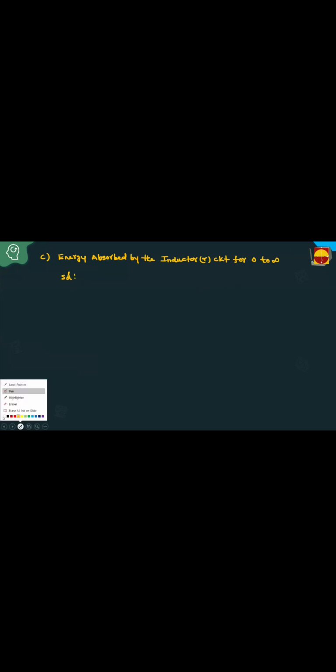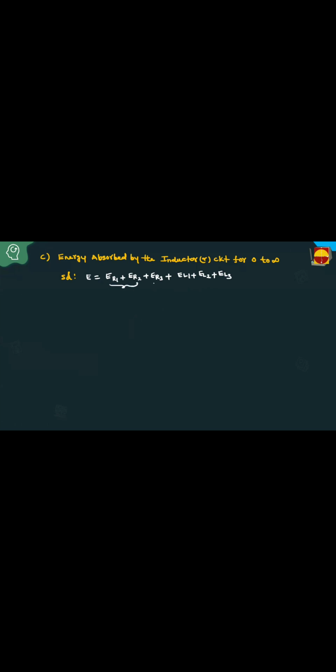Energy absorbed consists of both resistor and inductor. If the resistor is present, that is ER1 plus ER2 plus ER3 plus EL1 plus EL2 plus EL3.